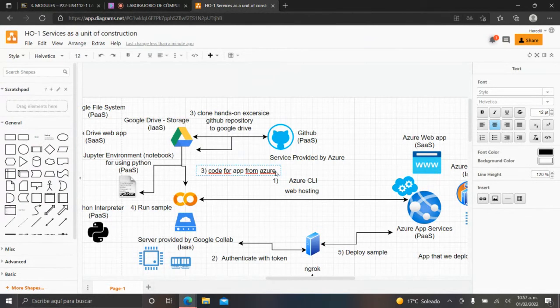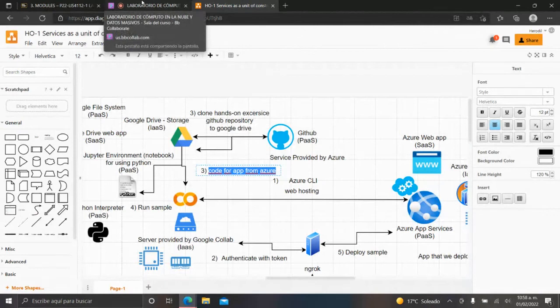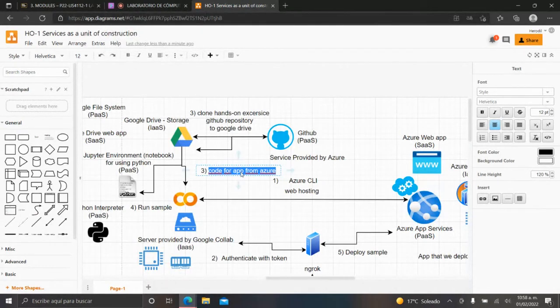Remember that in Python, the bang is the exclamation point. We said git clone, and then we say Azure samples Python docs hello world.